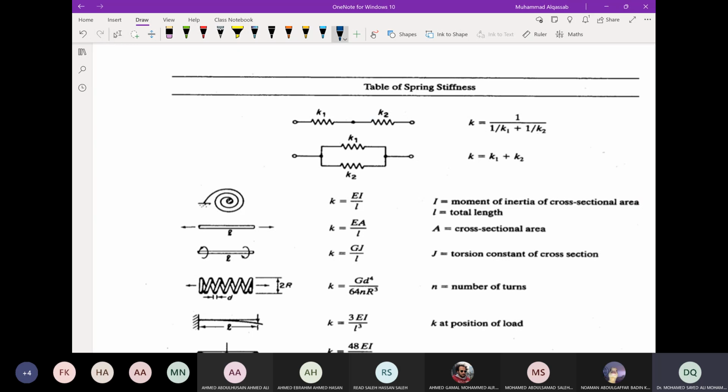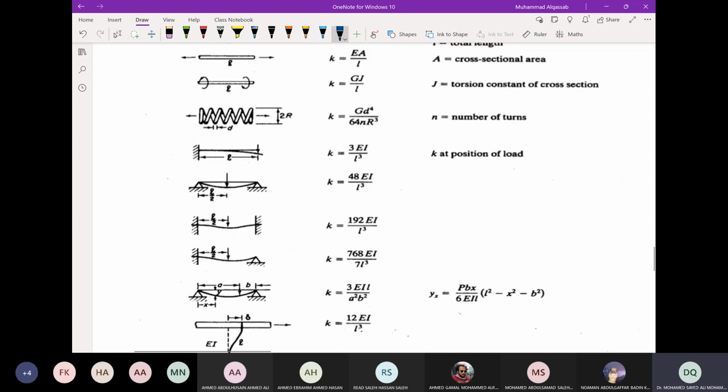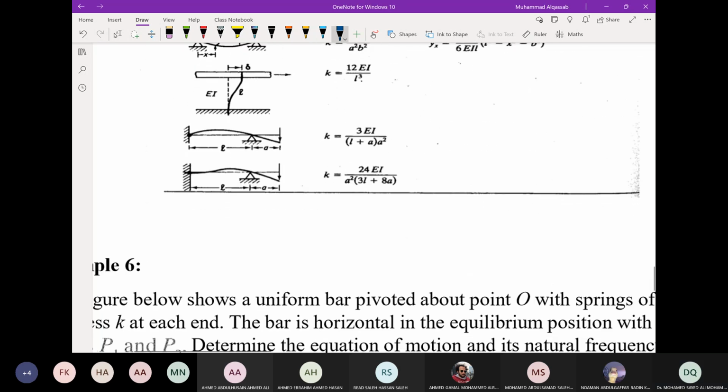This is a torsional spring, and either Kt is given or the parameters are given, and you can calculate K. This is the shaft in twisting, which is what we did today, that is K equals G J over L. The rest, most of them we know.